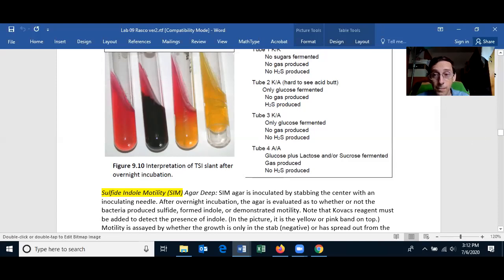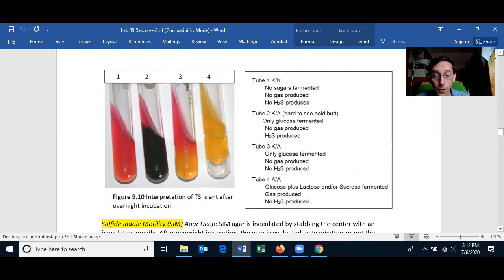This is a complex test, but you can look at whether or not glucose is fermented and whether or not other sugars, lactose or sucrose, are fermented. You can't say specifically that it's lactose and or sucrose, meaning it might be both lactose and sucrose, or it might be just lactose, or just sucrose.